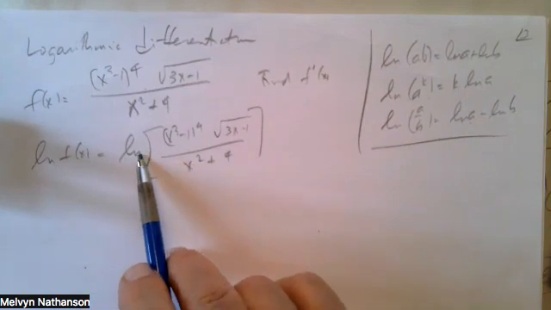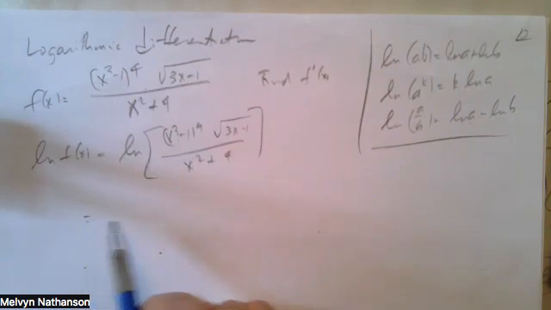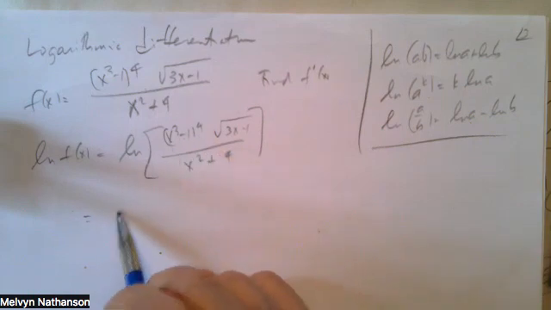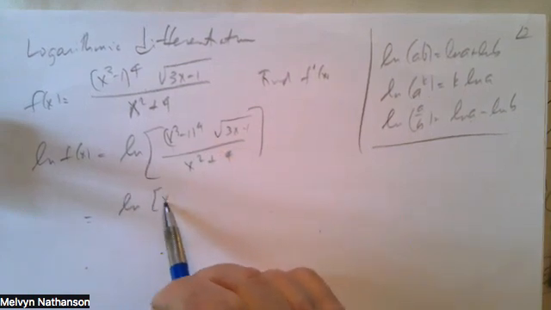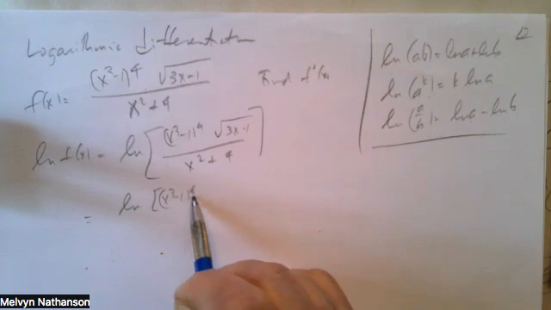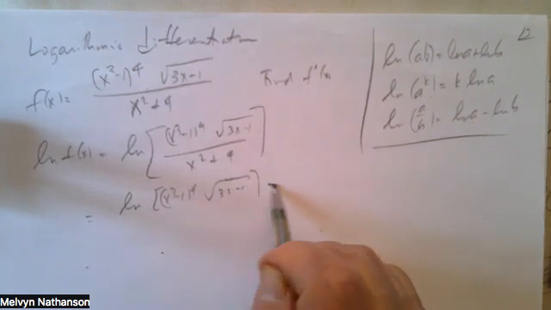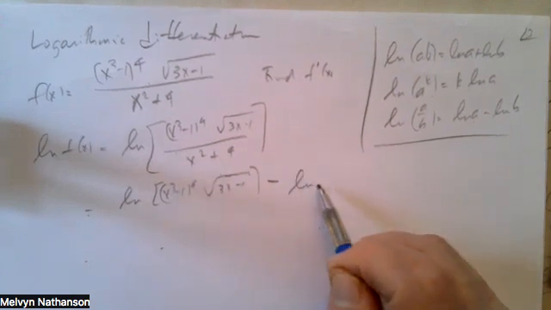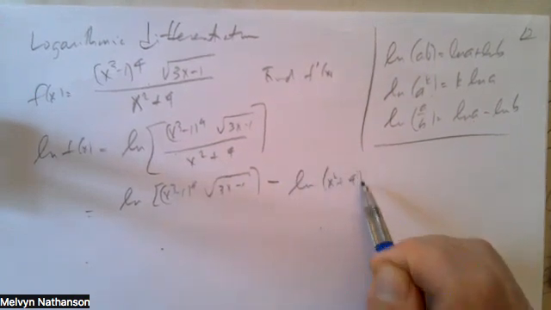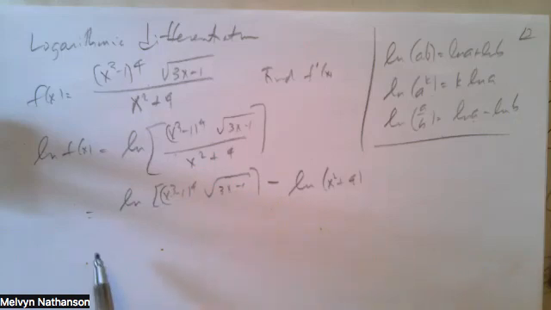So those rules of the logarithm you learned about in pre-calculus and we use constantly. So first of all, here I have the log of a quotient. So let me just do this step by step. The numerator is x cubed minus 1 to the 4th square root of 3x minus 1 minus the log of the denominator, the log of x squared plus 4. And this is a product.